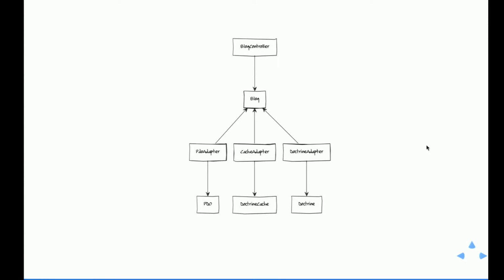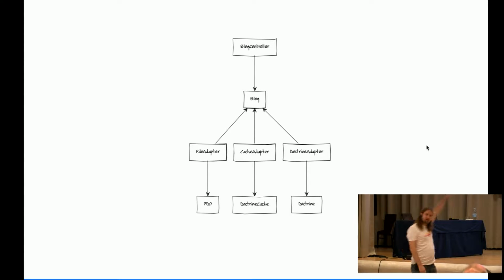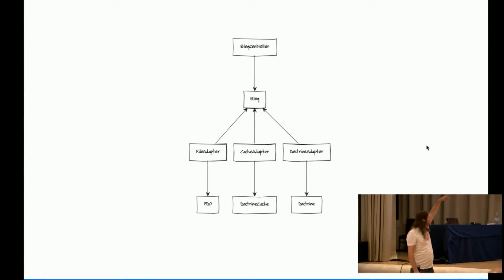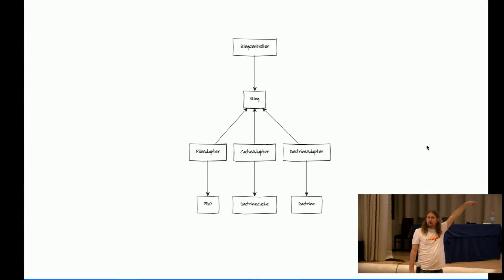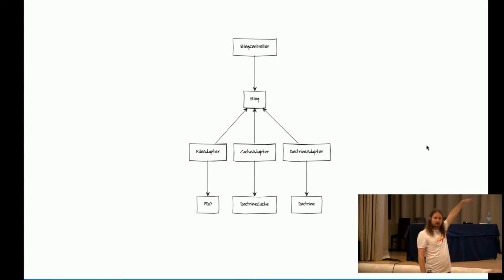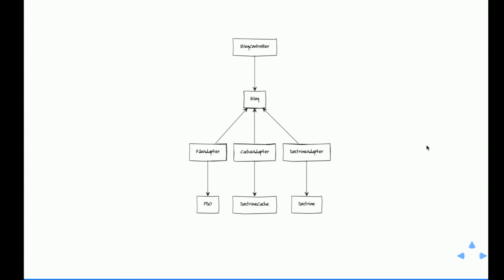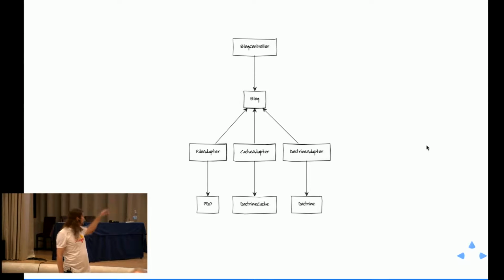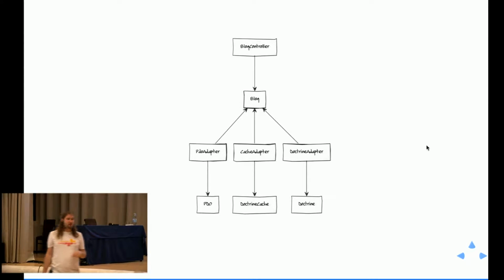It's not really visible in the back. But from the top, the controller relies on our model now, okay? No doctrine there. We have a doctrine adapter in the infrastructure layer that implements our model for doctrine. And that's the only thing depending on doctrine.